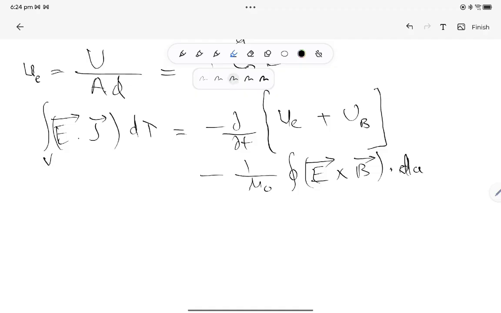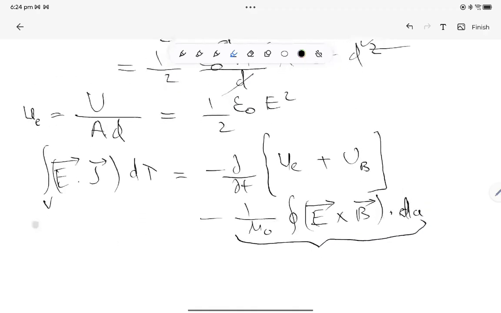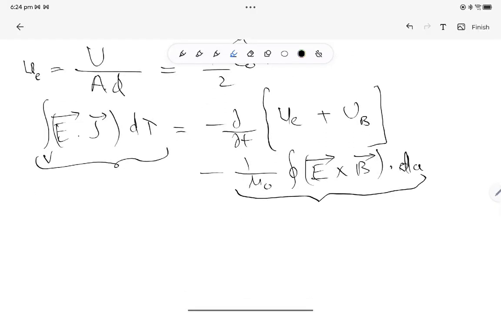Now, let us see. This whole thing must be energy per second, because this is energy per second. So this too must be energy per second. All terms must have the same dimensions.